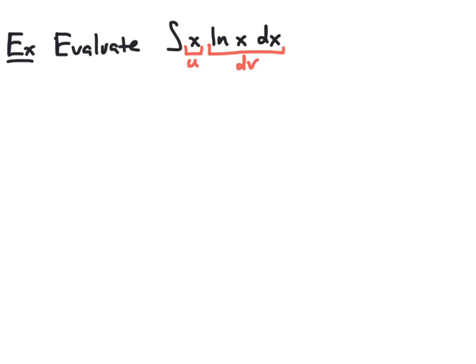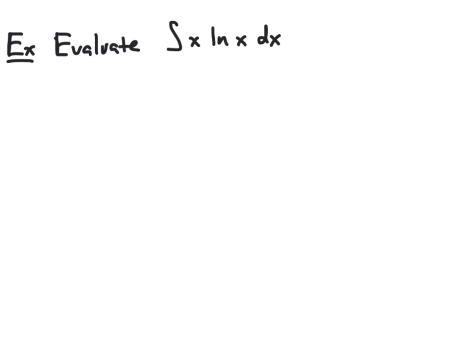If we pick dv to be the natural log of x dx, then in order to find v, we need to know the antiderivative of the natural log function, which is not something that we readily know. And so when this is the case, this tells us that dv cannot be the natural log function, and so we need to make a different choice.